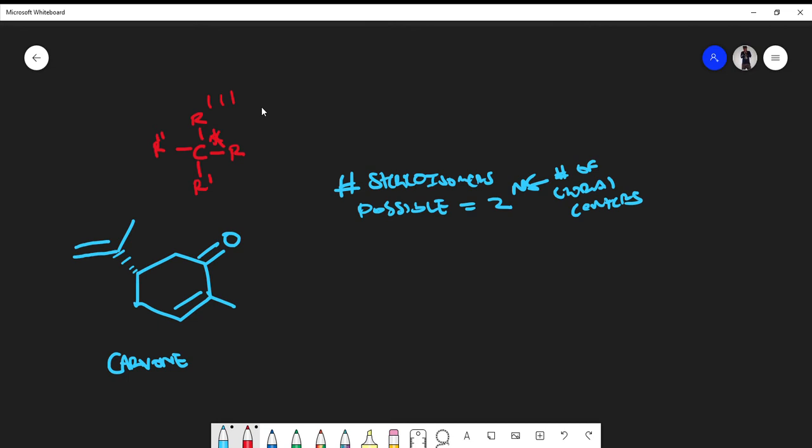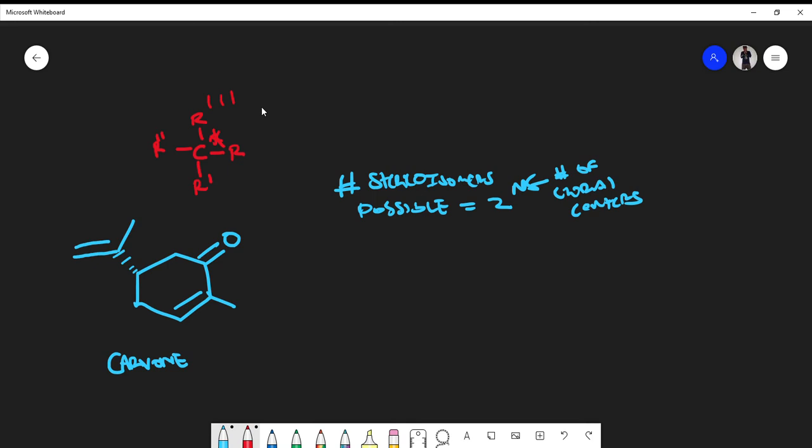Now in organic chemistry, the question is, where in this compound do we actually see chiral centers? Do we see any chiral centers at this carbon? No, it's a CH3. It has 3 of the same hydrogen bonded to it. Do we see a chiral center here? Well, first of all, it doesn't even have 4 things bonded to it.